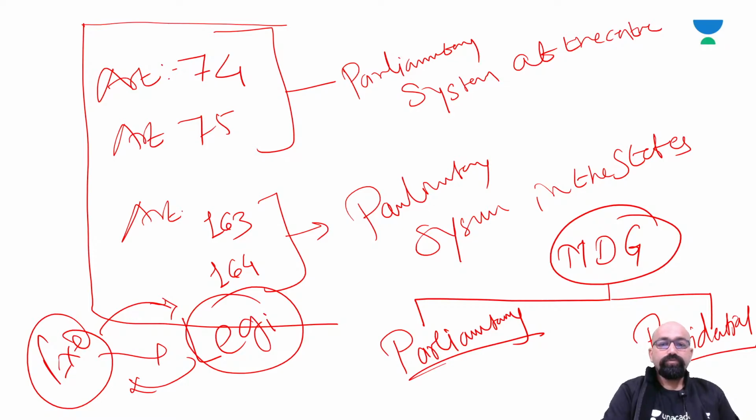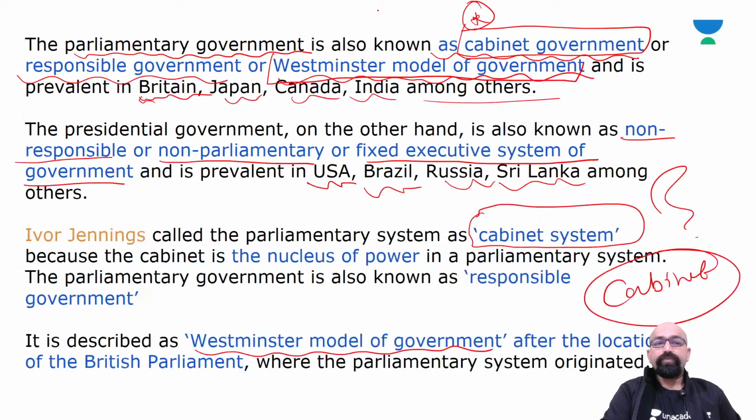So these are the two types of governments, where in the parliamentary system of government, the executive is responsible to the legislative organ of the government, and in the presidential system, the executive is not responsible to the legislative organ of the government.